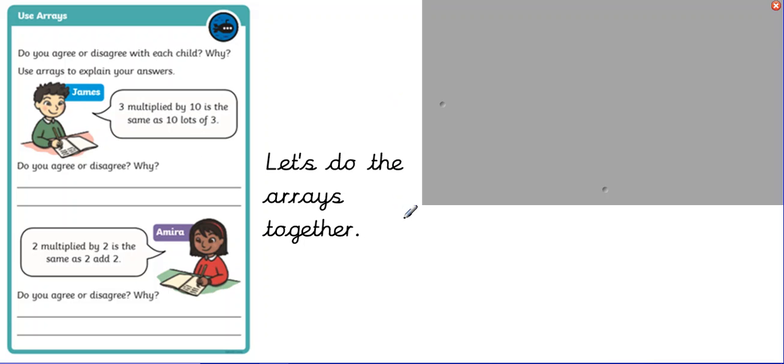So 3 multiplied by 10, so we've got 3 groups of 10.